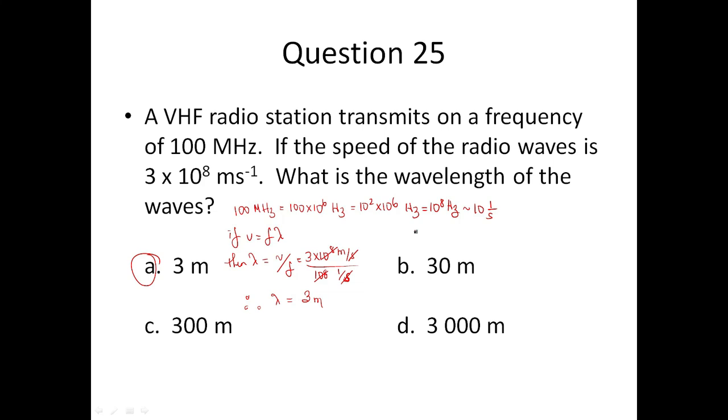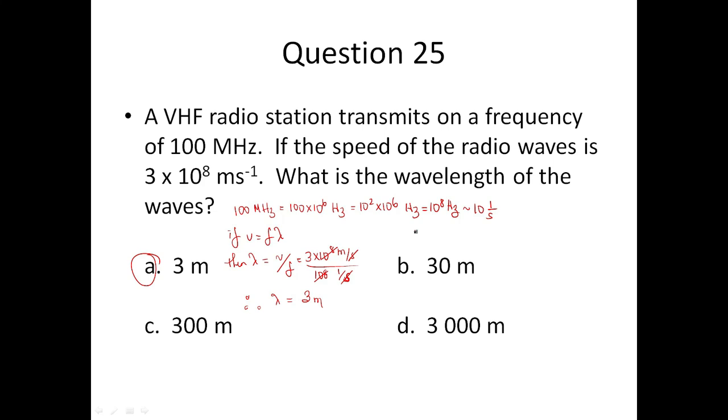Question 25. A VHF radio station transmits on a frequency of 100 megahertz. If the speed of the radio waves is 3 times 10 to the 8 meters per second, what is the wavelength of the waves? First, you need to convert the megahertz to hertz by multiplying by 10 to the 6, because a mega is equal to 10 to the 6.